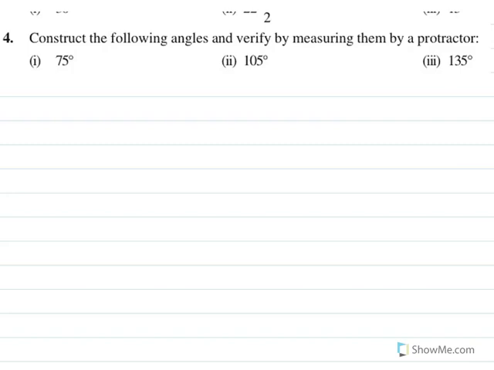Construct the following angles and verify by measuring with a protractor. So we need to construct 75 degrees. So here first we draw an arc with a radius, say A. Next, we keep the compass at this point here at the end, B, and with the same radius, we cut the arc at this point C. Now this point C that we cut will be 60 degrees.